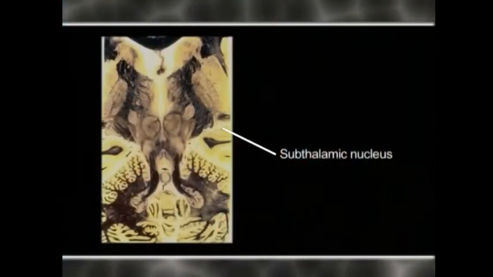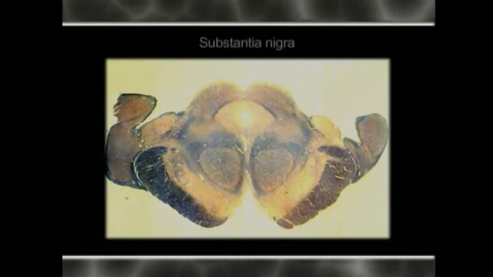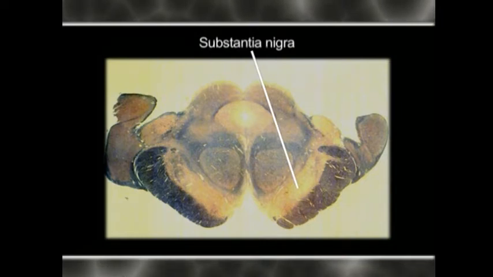Now, this little guy right here is the subthalamic nucleus. The thalamus is right about at this level, and this is beneath it, so this is really too low to see the thalamus, but here is your subthalamic nucleus. And the last nucleus, which is important in this extrapyramidal motor system, is going to be the substantia nigra. And this is a section through the midbrain.